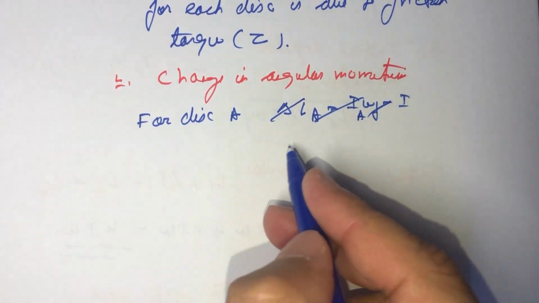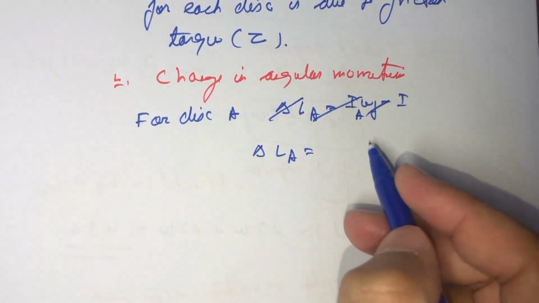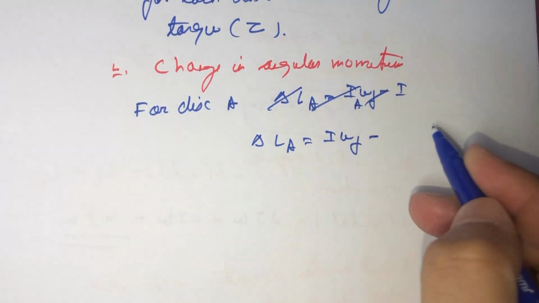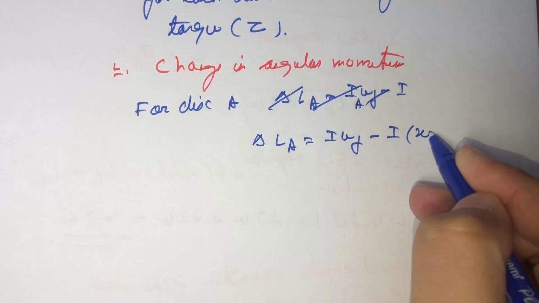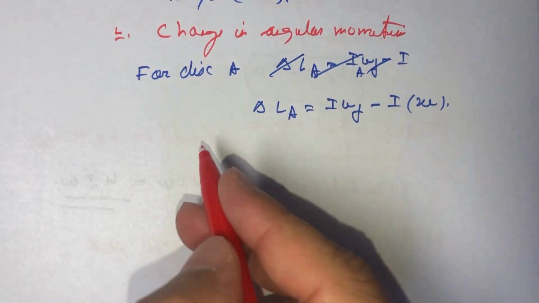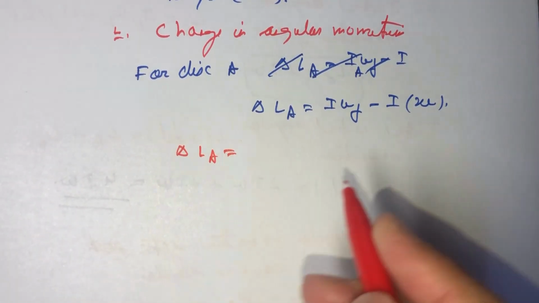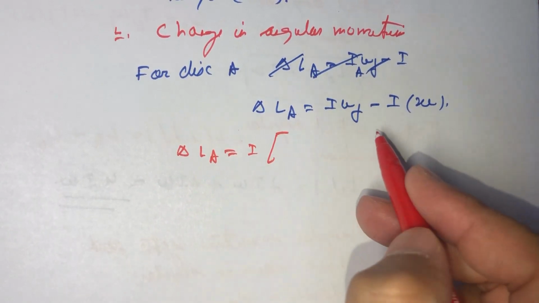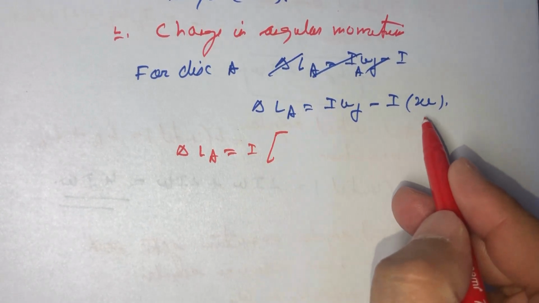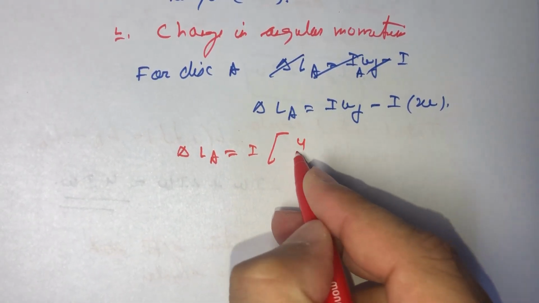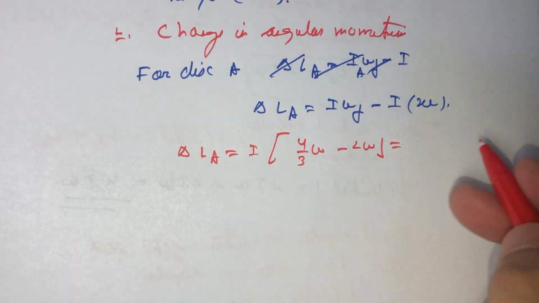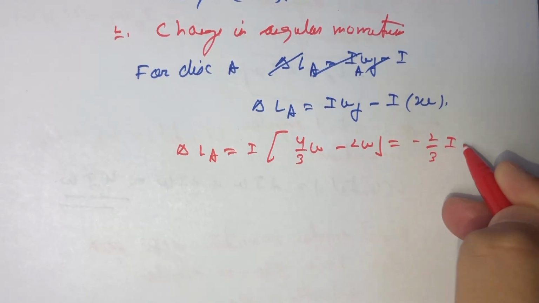Let me rephrase it. Delta LA, that is change in angular momentum, will be equal to I omega f minus I into 2 omega. So taking I as common, omega f we already found out in relation with omega, so this will be 4 by 3 omega minus 2 omega, and this comes as minus 2 by 3 I omega.